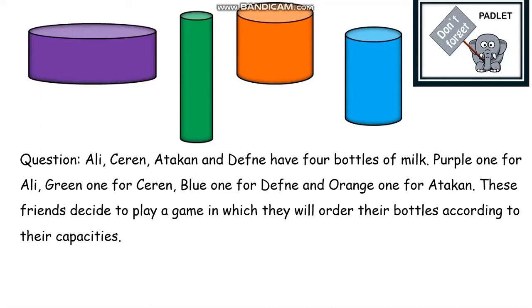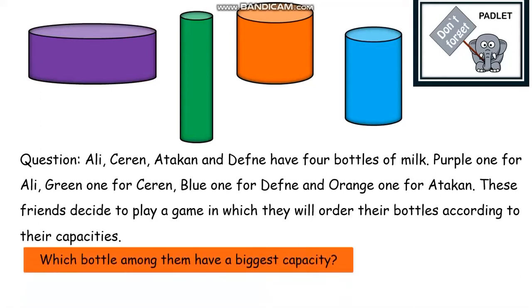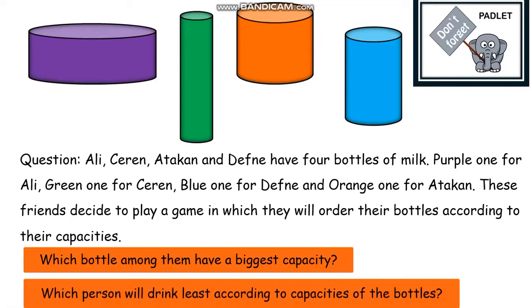Purple one for Ali, green one for Ceren, blue one for Defne, and orange one for Atakan. These friends decide to play a game in which they will order their bottles according to their capacities. Which bottle among them has the biggest capacity? And which person will drink the least according to the capacities of the bottles? Now, stop the video and write your comments on Padlet.